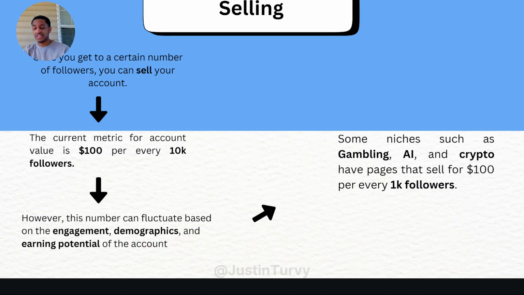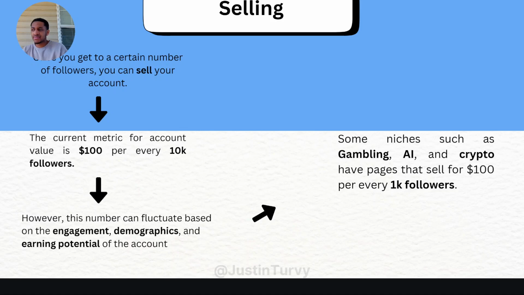They got offered a crazy amount of money for their account. If you're in one of these big niches, especially gambling, a good gambling account, man. I had a gambling account that had 2,000 followers, and I sold it for like $80.